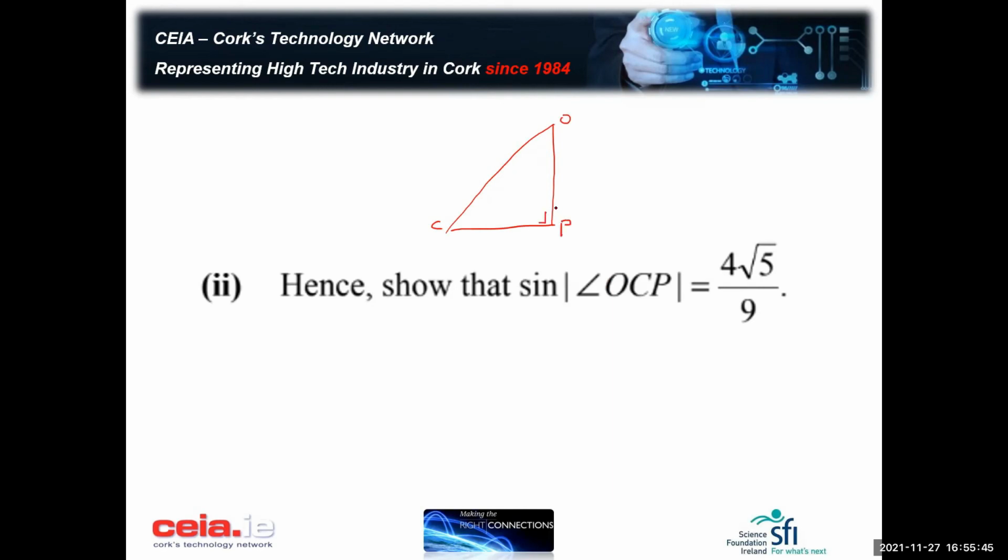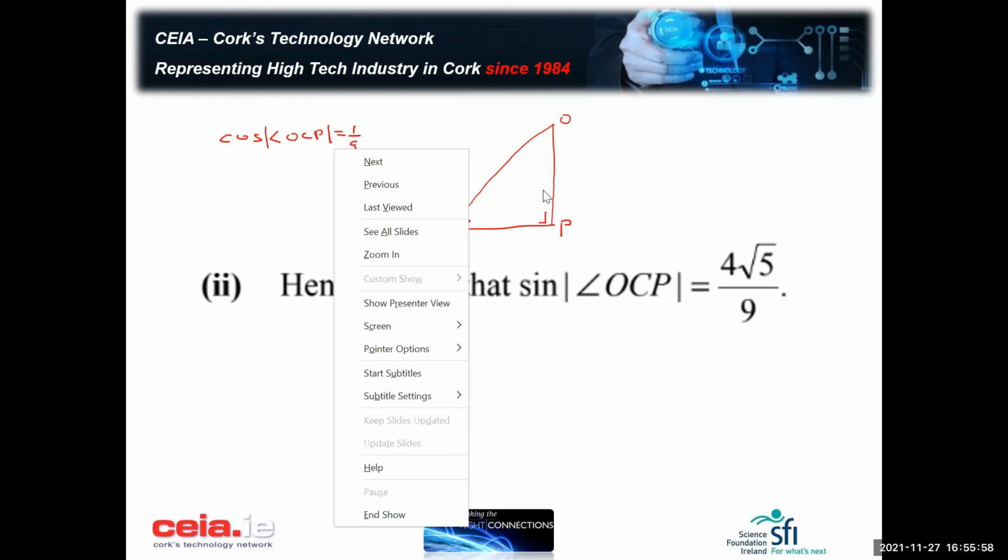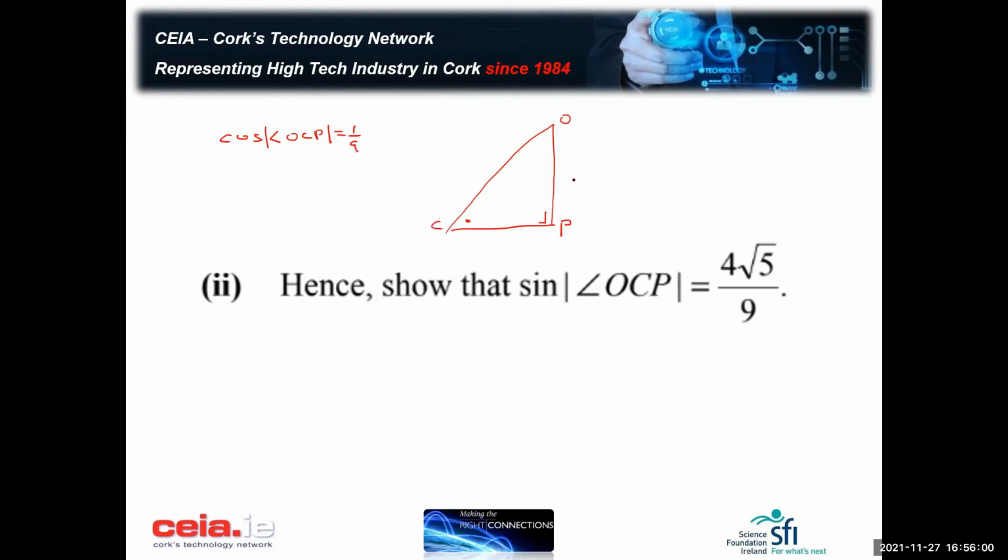So OCP is like that, and we know that the cosine of the measure of angle OCP equals 1/9. That's the angle of interest there. So we know that this is 1, and this is 9, because cosine is adjacent over hypotenuse. Therefore we can work out with Pythagoras that this is √80.